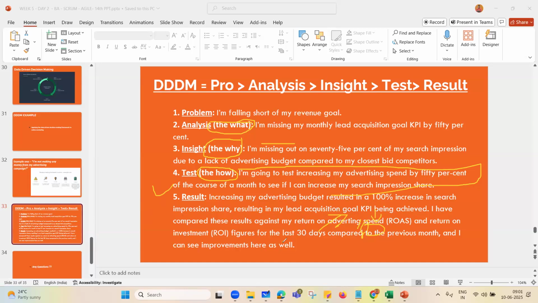I have compared these results against my return on advertisement spend, also known as ROAS, and return on investment, ROI, figures for the last 30 days compared to the previous month, and I can see improvement in my advertisement lead conversion as well. So he reached the solution using DDDM.